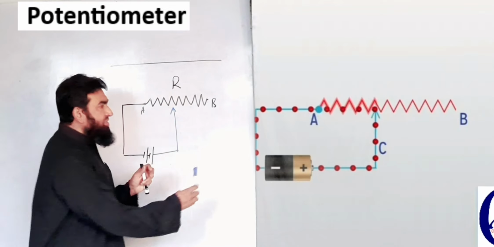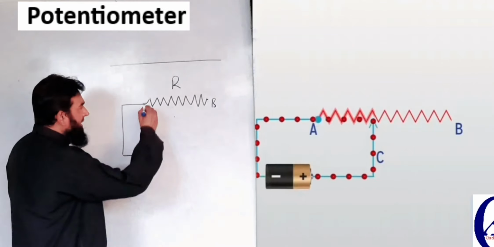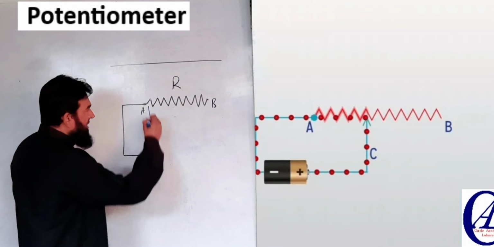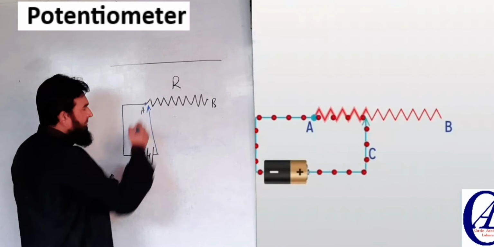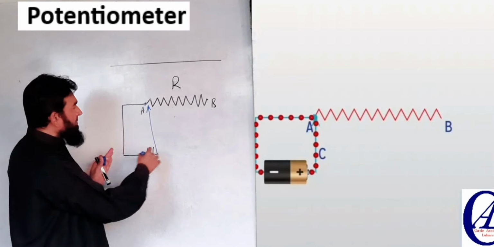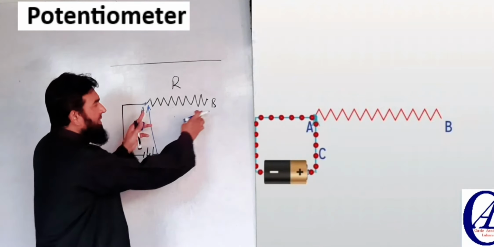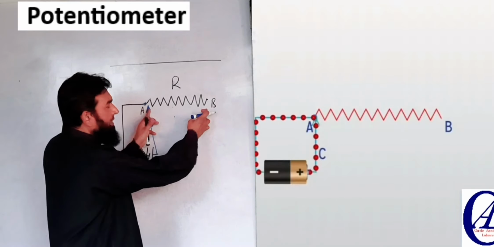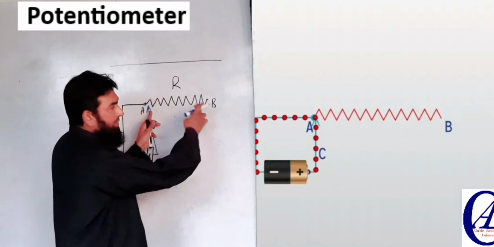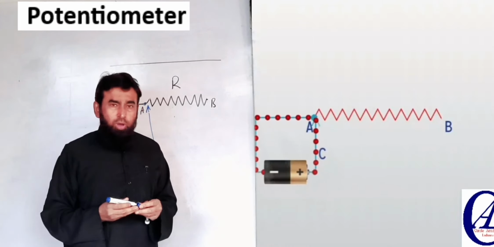Now, if while sliding, I bring this sliding terminal to point A, you can see that the whole of the current is only passing through this circuit. No portion of the current is passing through this wire, so this wire is not offering any resistance in the flow of the current.